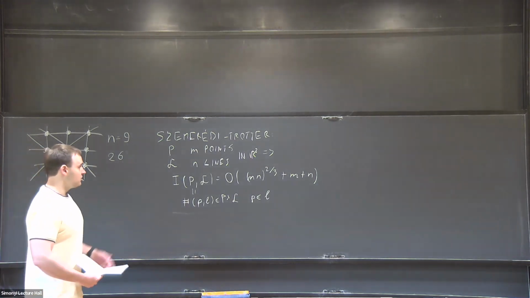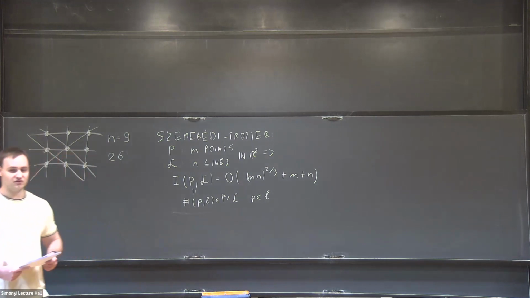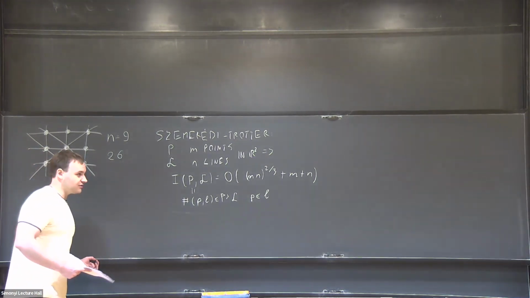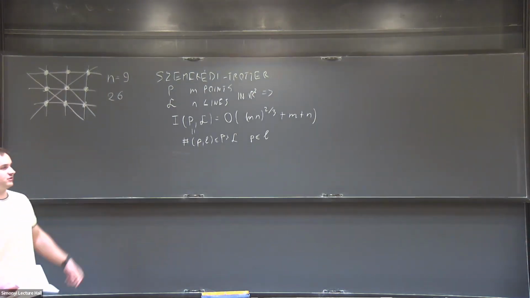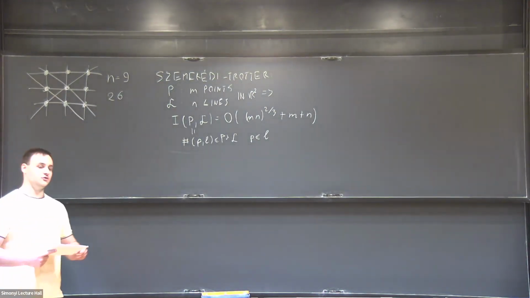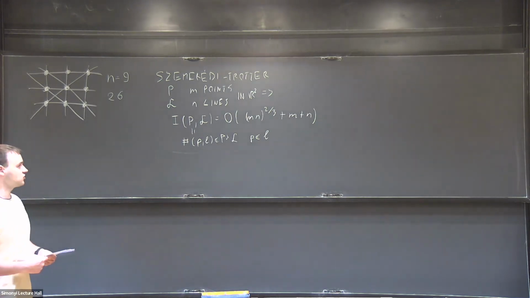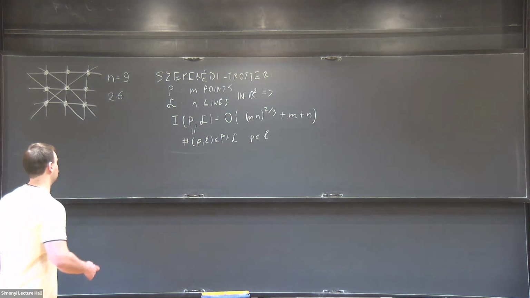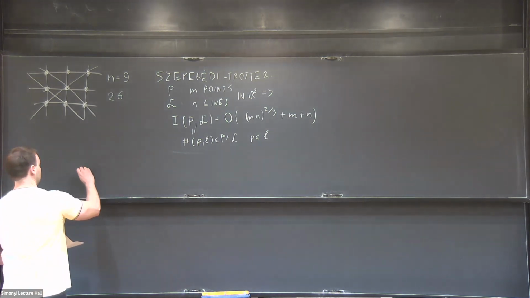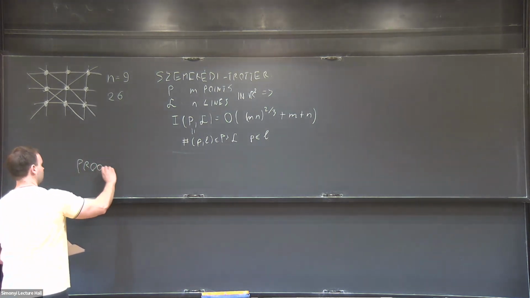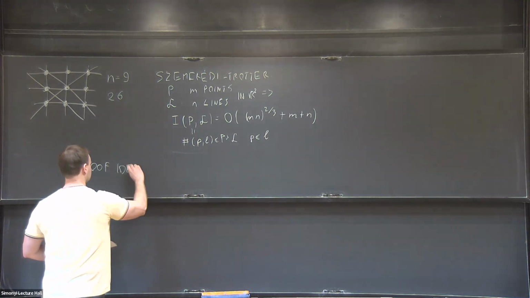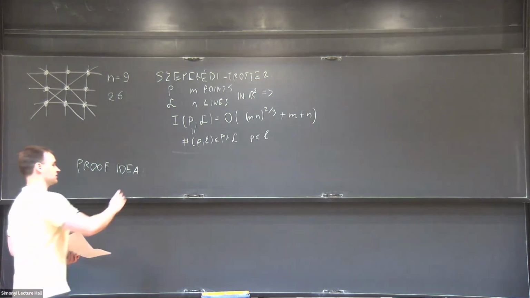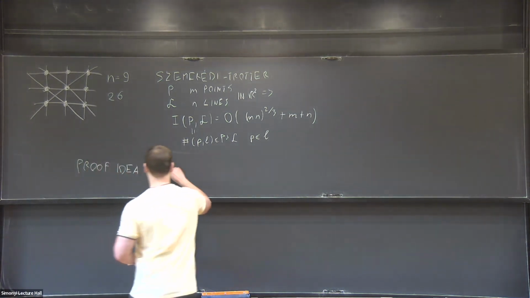Another reason why the Szemerédi-Trotter theorem is interesting comes from the way it is proved. Now it has multiple different proofs. I know of 2 completely different proofs, but let me give you an idea of the original proof of Szemerédi and Trotter. Proof idea. The idea of the proof is the so-called cell decomposition.